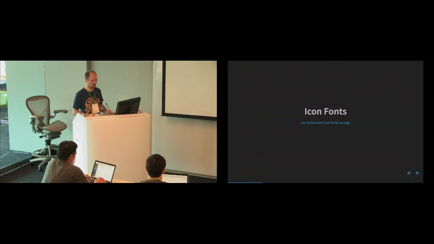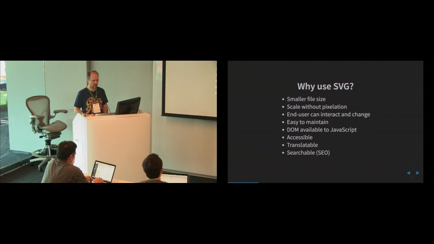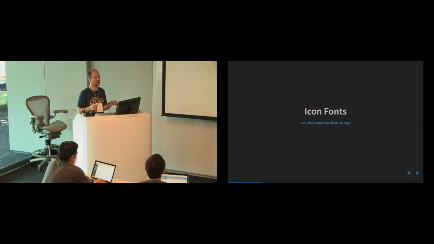And so on that point about maintainability, I think there was this transition a couple years ago, moving away from icon fonts, so using a font library to manage icons.